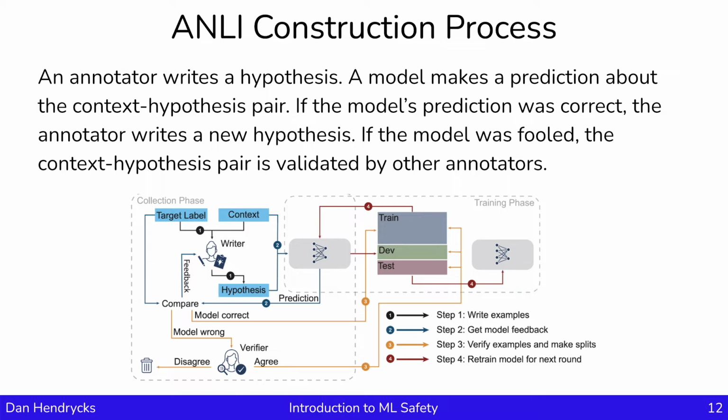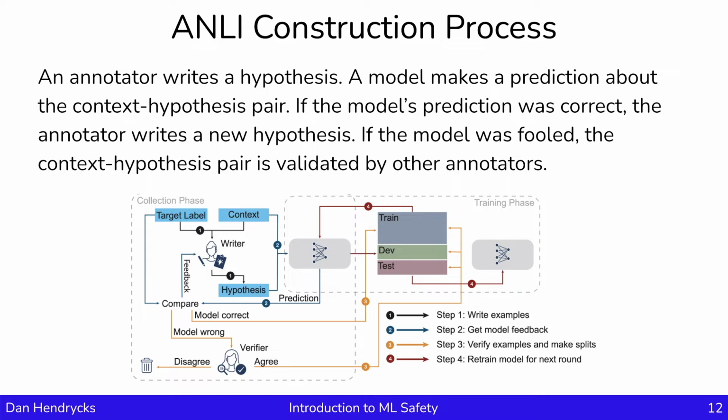So let's look at the schematic below. First, a writer creates a hypothesis. Then, that example is fed into a network. The network makes the prediction, and then there's a comparison. If the model got it correct, the example might go into the training set. If the model got it wrong, we're going to have somebody verify whether the model actually got it wrong.